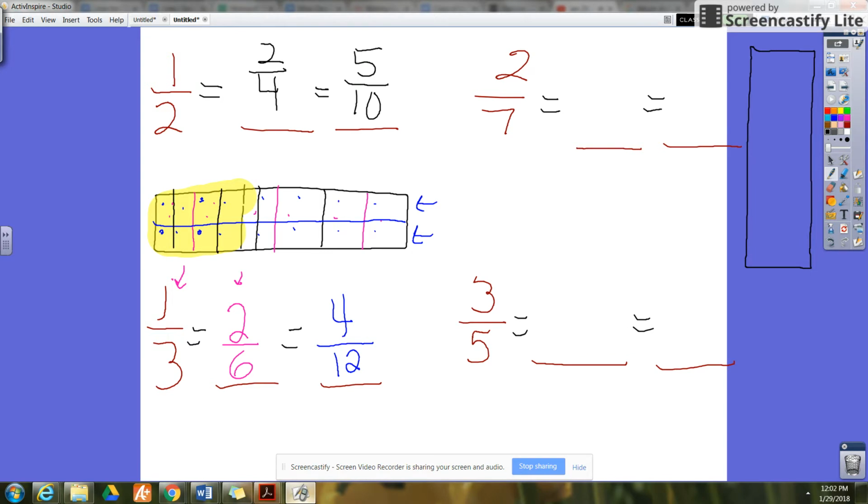Riley, you think you got this? 6/24. Okay, she says 6/24. I agree with you that the denominator is 24. Olivia, raising hand. Okay, what do you disagree about?